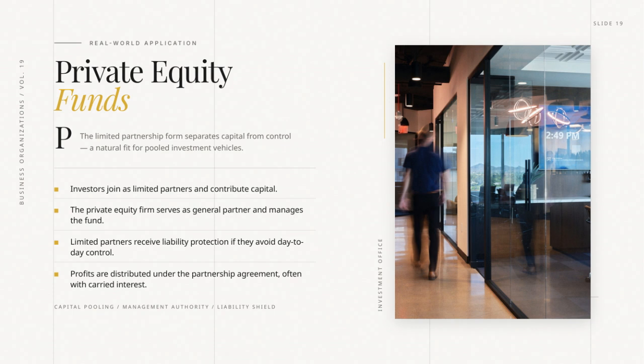This arrangement gives limited partners liability protection, as long as they steer clear of day-to-day control. Profits are typically distributed according to the partnership agreement, often including carried interest, which rewards the general partner for performance. The key concepts here are capital pooling, management authority, and the liability shield that this structure provides.